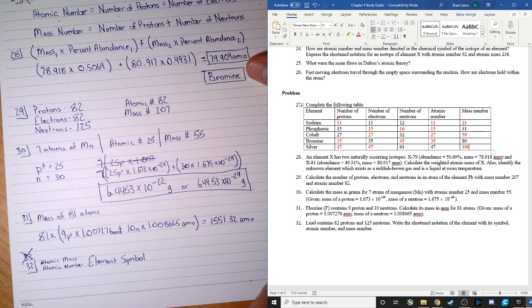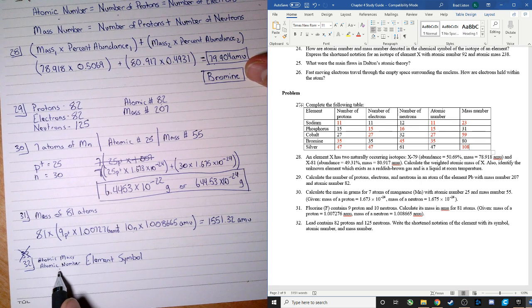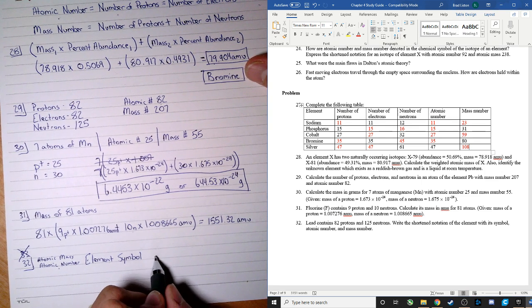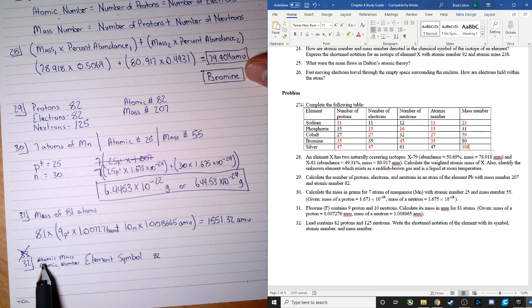Well, 82 protons, that is our atomic number, so 82 goes on the bottom here. The atomic mass is the number of protons and neutrons added together.